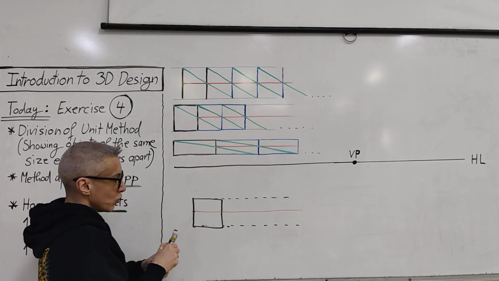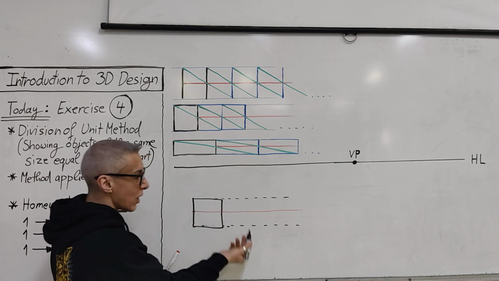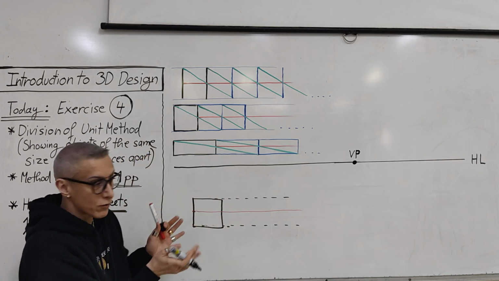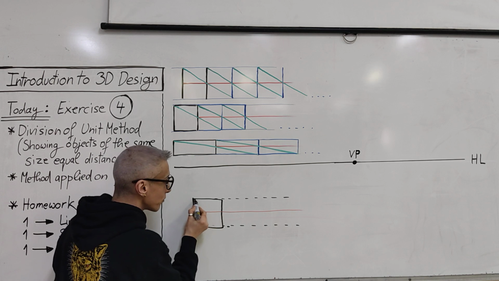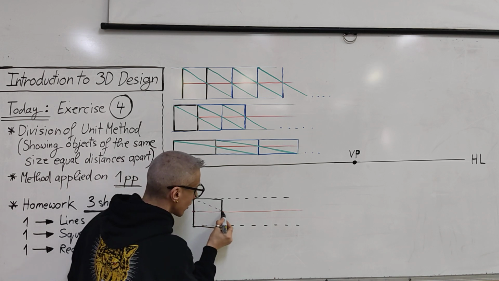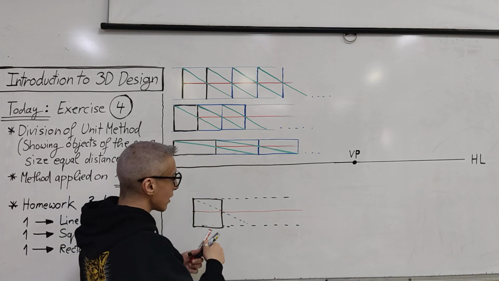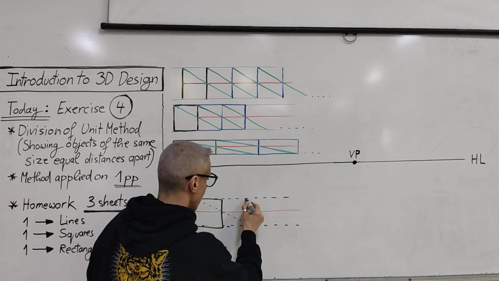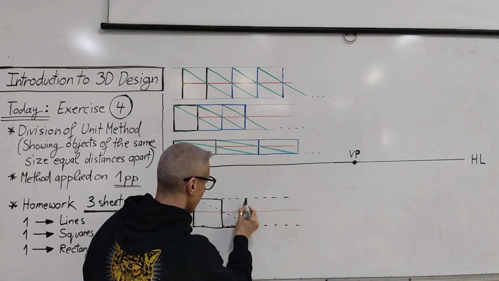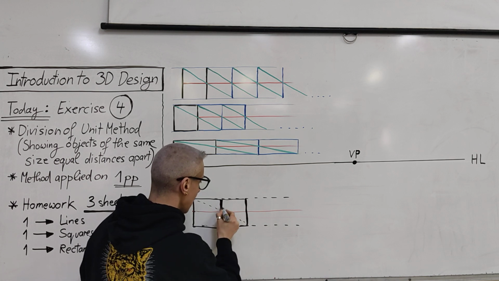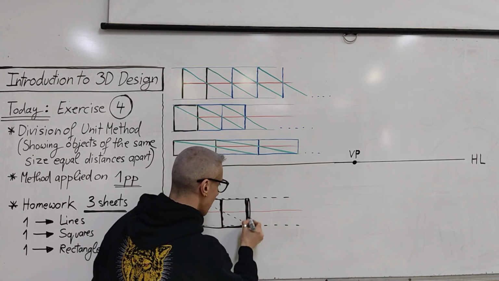Now, to know where the next square of this particular size is going to be located, again, from this corner through this. It's showing here. So here is the next square of the same size, okay?